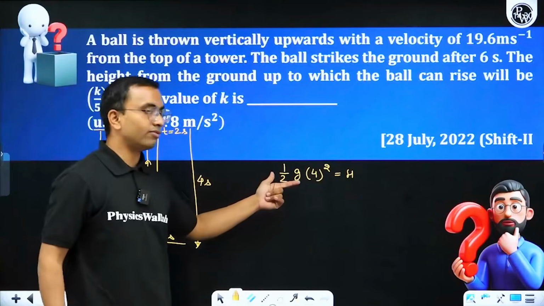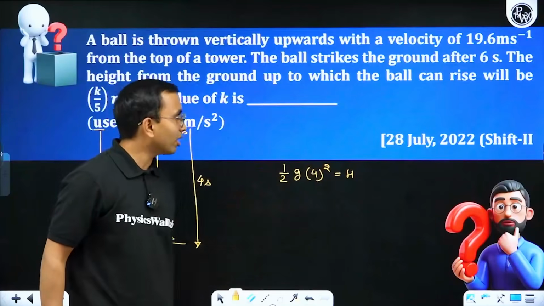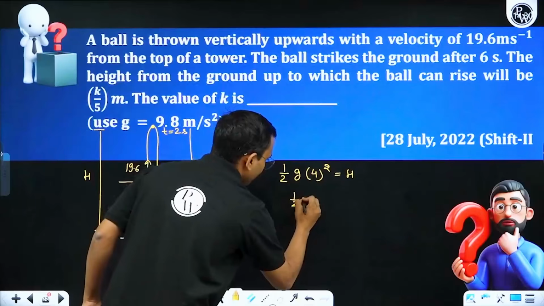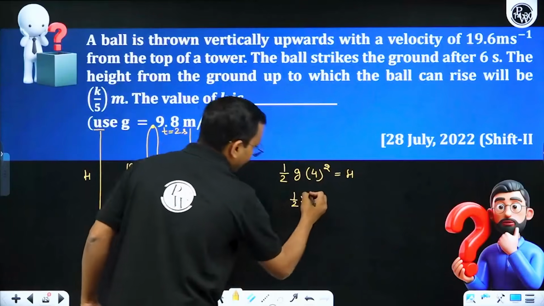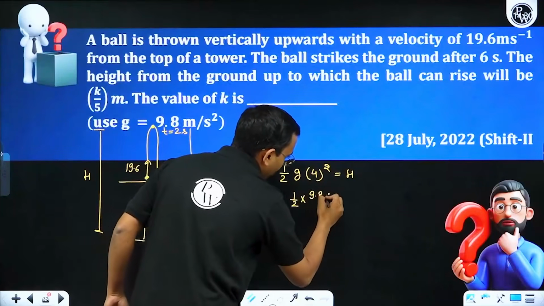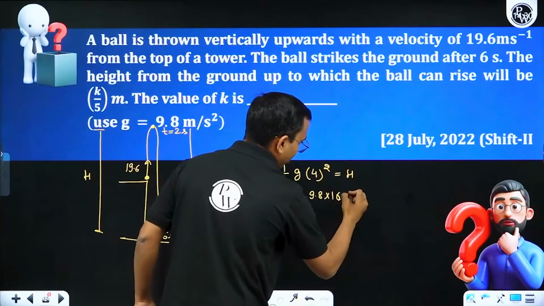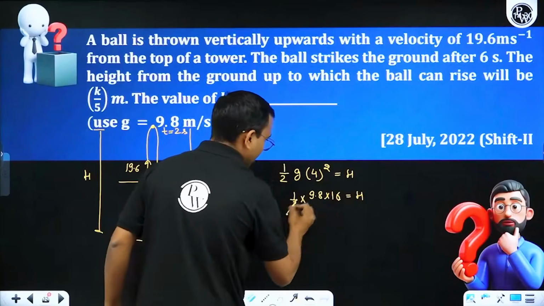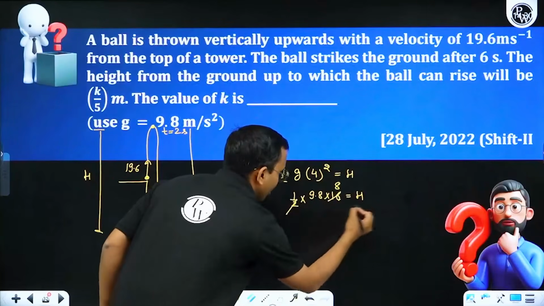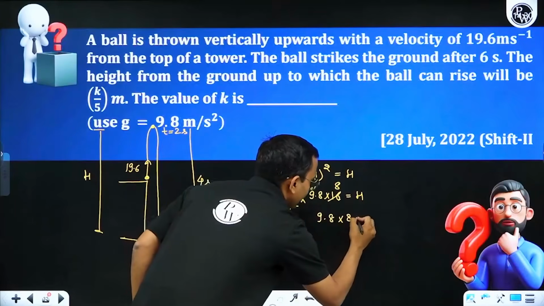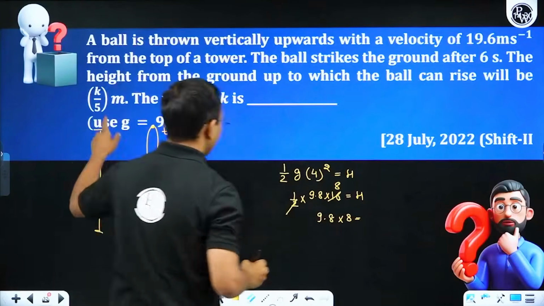So just writing half g into 4 squared, that will become my h, and half g is 9.8, 4 squared is 16. Okay, this is my h. This becomes 9.8 into 8, and this is given as k by 5.